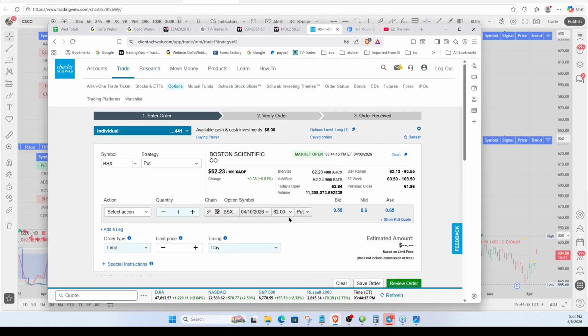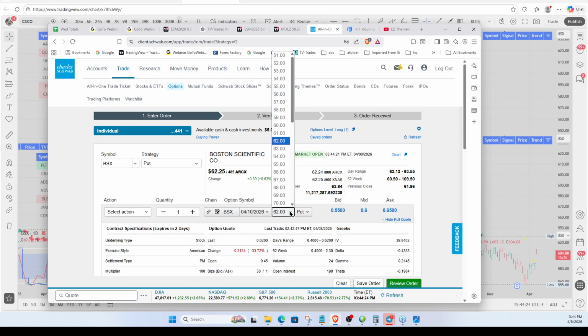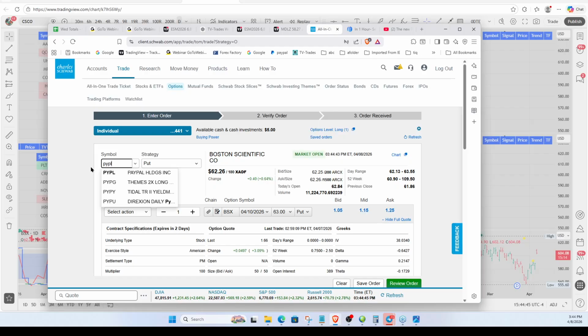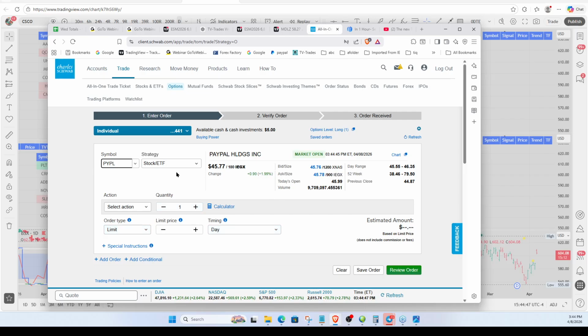That is a put. And let's see what the delta is on that. That's not going to work either. 63. The last is 166. And delta on that 64.27. I did something wrong on the last one on PayPal. PYPL. Because the delta was wrong.